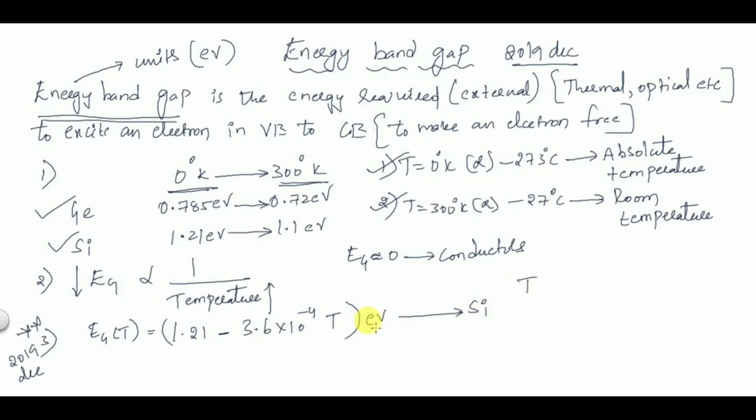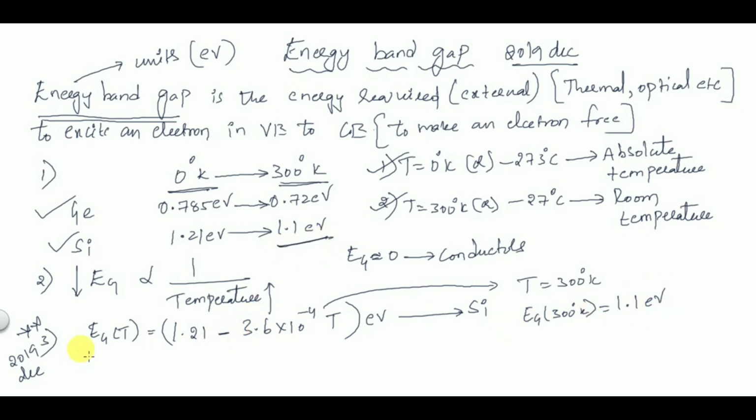Suppose in this expression you take T equal to 300 degrees Kelvin. If you substitute T equal to 300, you will get Eg at 300 degrees Kelvin, that is the energy band gap at 300 degrees Kelvin, as 1.1 electron volt, which is this value.